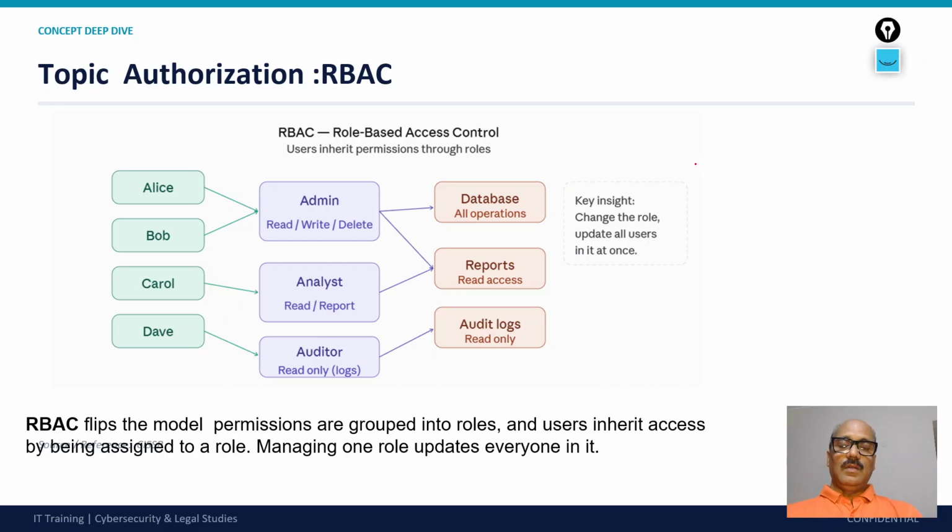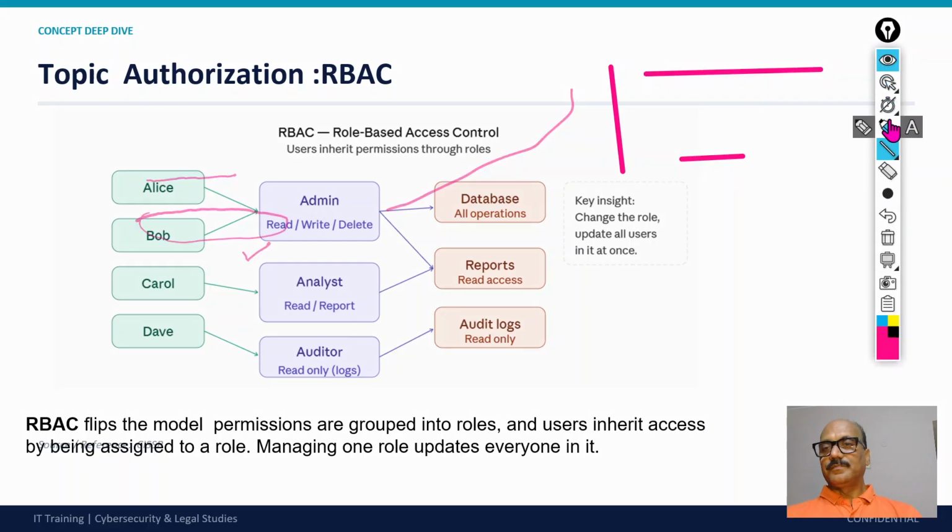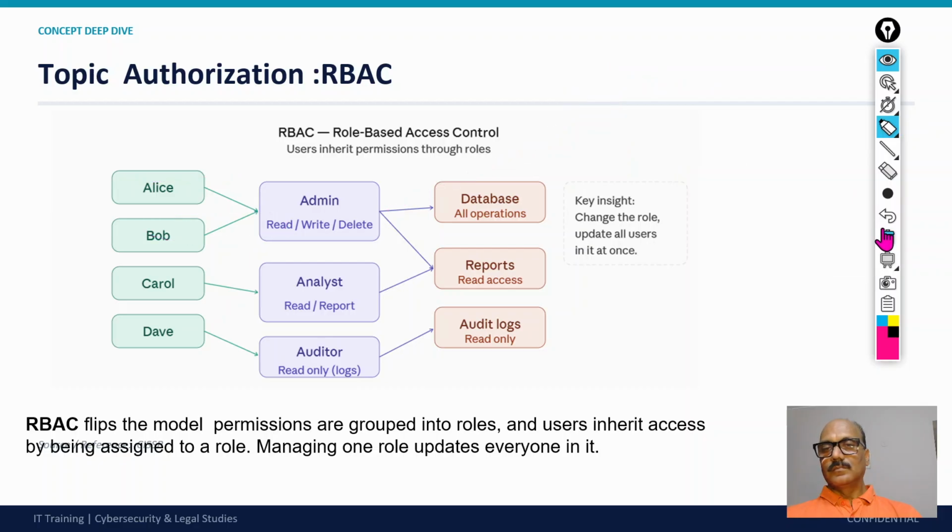Role-based access control is much more commonly used, as you can see here. Admin is a role. This role has these three types of permissions.